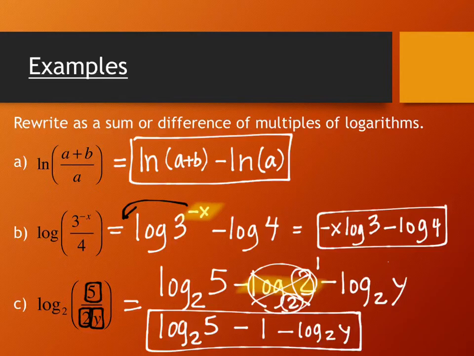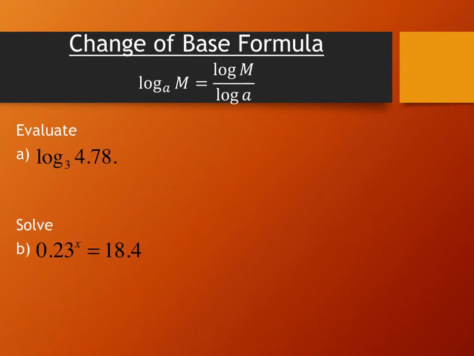I was chomping at the bit last time to help your calculator simplify certain things. Remember that? I kept saying, oh, I think I can. No, I can't. And Maxwell's up here saying, my calculator can do it. I figured it out. All right, so I'm going to show you how your calculator can do it too. We have a property called the change of base formula.